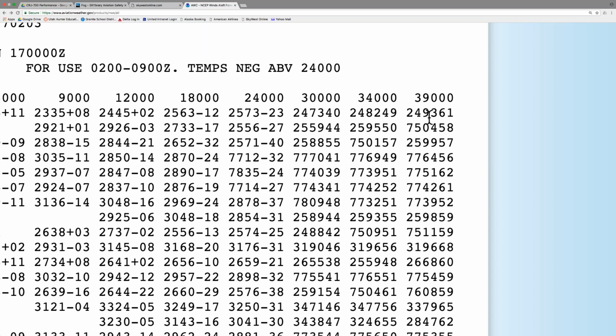So applying it to what we actually use as a dispatcher, figuring out the standard lapse rate, and then figuring out how that computes to ISA, and then figuring out how that gives us our ISA deviation, that's practical, and that's exactly what you guys need to remember. So everything that we went over tonight is information you've got to retain, and we're going to continue practicing all the way through the end of class.